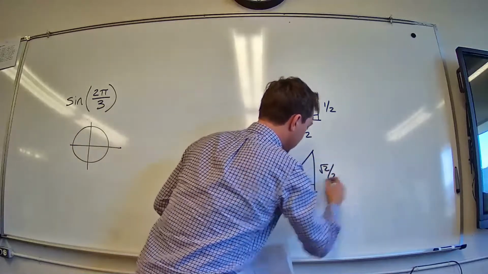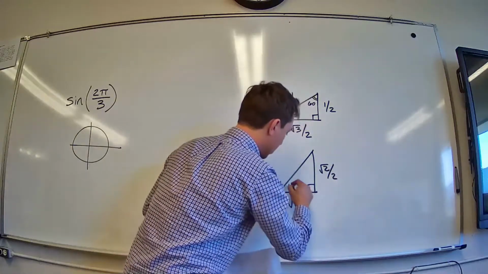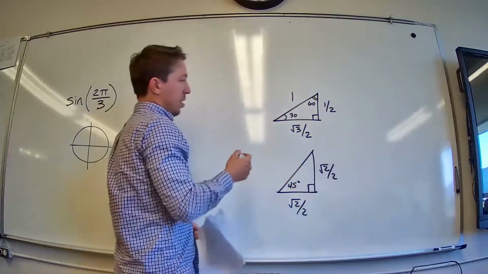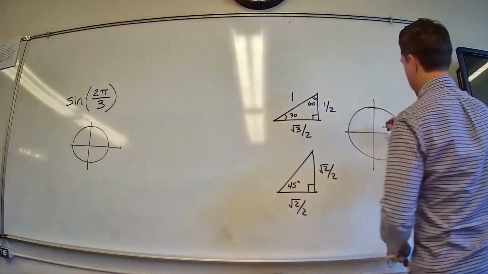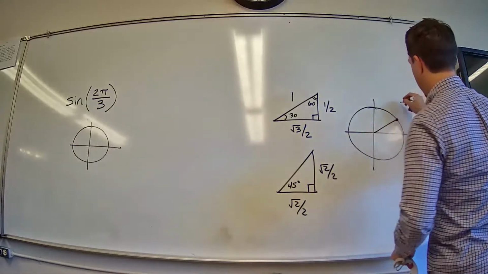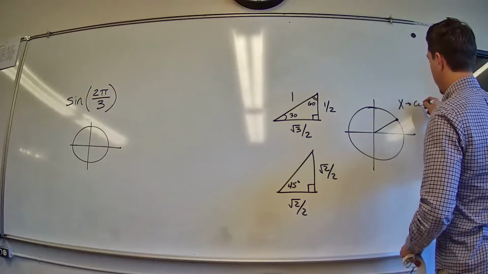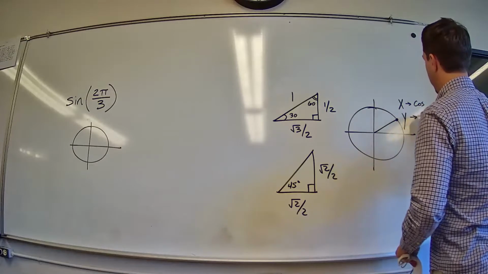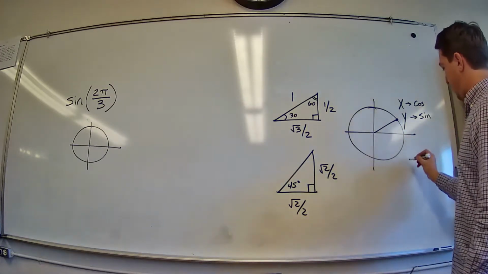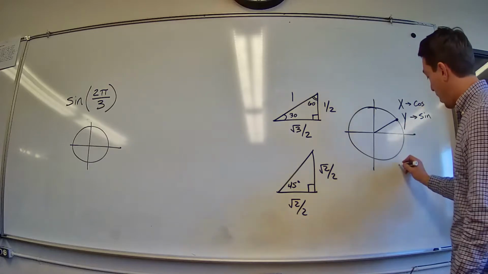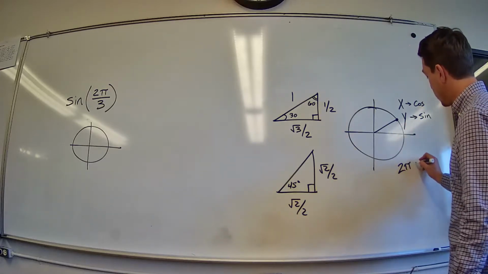And you've got to understand that on the unit circle, where you end up, the x value tells you about the cosine, and the y value tells you about the sine. What am I missing? You got to know that a full circle is 2 pi radians.